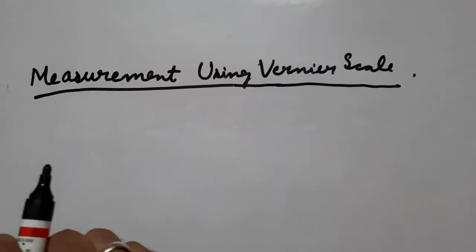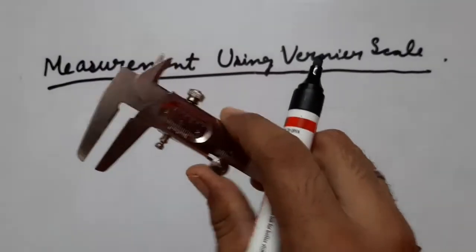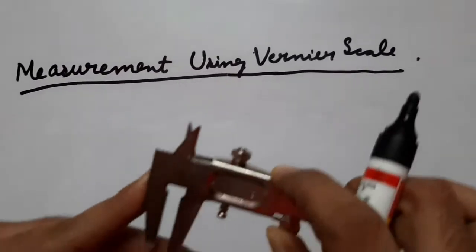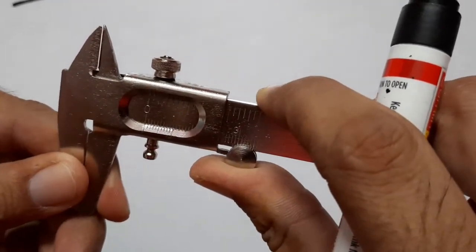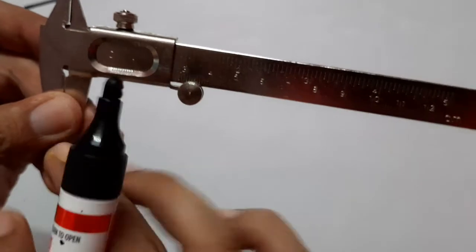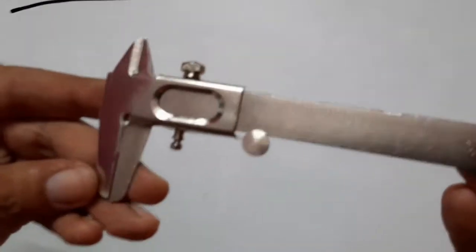Now let's talk about how to measure an object using this vernier caliper. So you can just see the zero of this main scale. Can you see it?